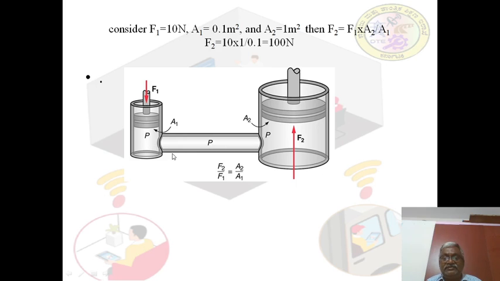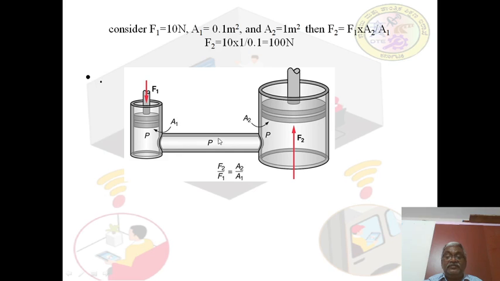In this liquid, confined in a volume, this whole thing is considered as a single container. This liquid is enclosed in a confined volume. Now we are applying a force F1 here, where the cross-sectional area is A1, pressure P equals F1 by A1, that is 10 by 0.1, giving 100 Newton per meter square pressure in this liquid.